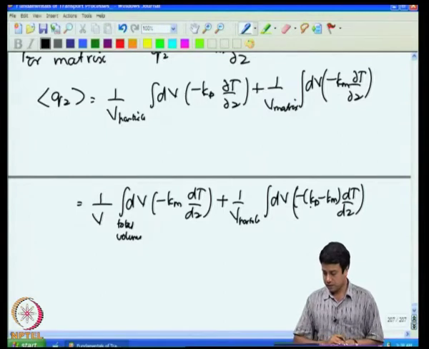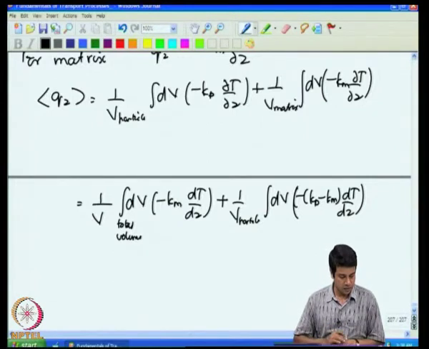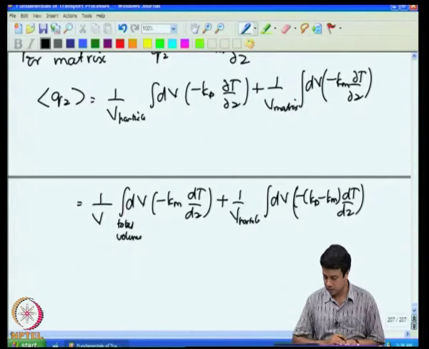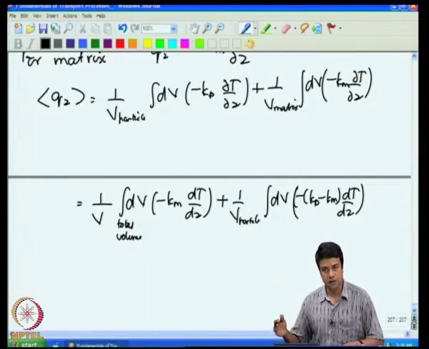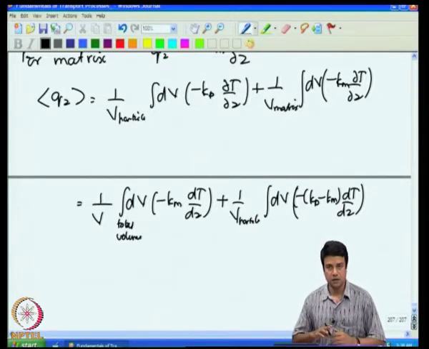So, I have written this as an integral over the matrix plus particles of minus Km dT by dz plus an integral over the particles alone of minus of Kp minus Km dT by dz. So, there are two contributions, one due to the particles and the other due to the total volume. The particle contribution only contains the difference in the thermal conductivity between the particles and the matrix. You can see straight away from this that when the particle conductivity is equal to the matrix conductivity, there is no disturbance.